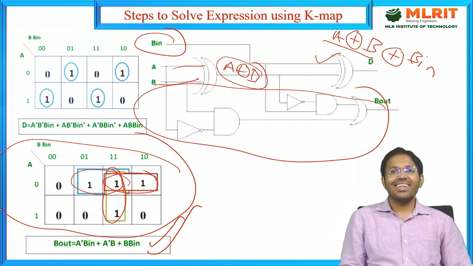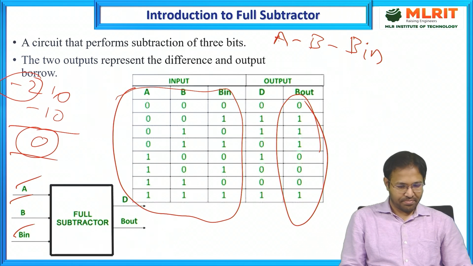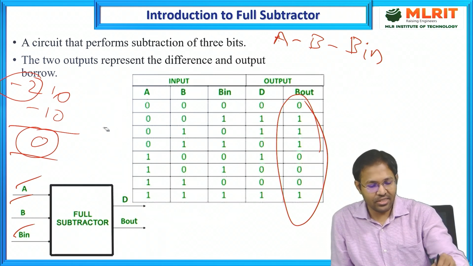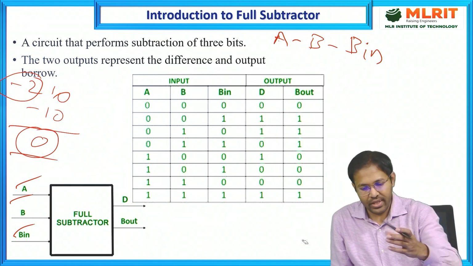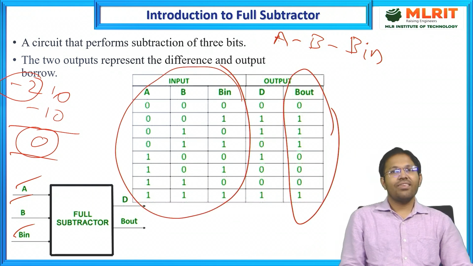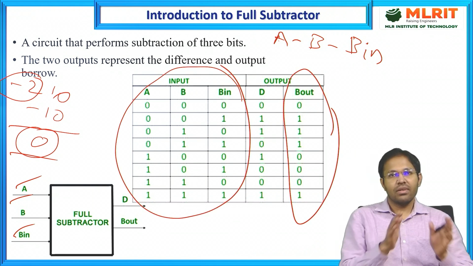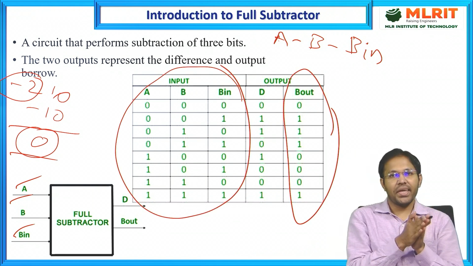Or there is a shortcut for this. Let us discuss the shortcut. For that, we are analyzing B out for the inputs A, B and B in.